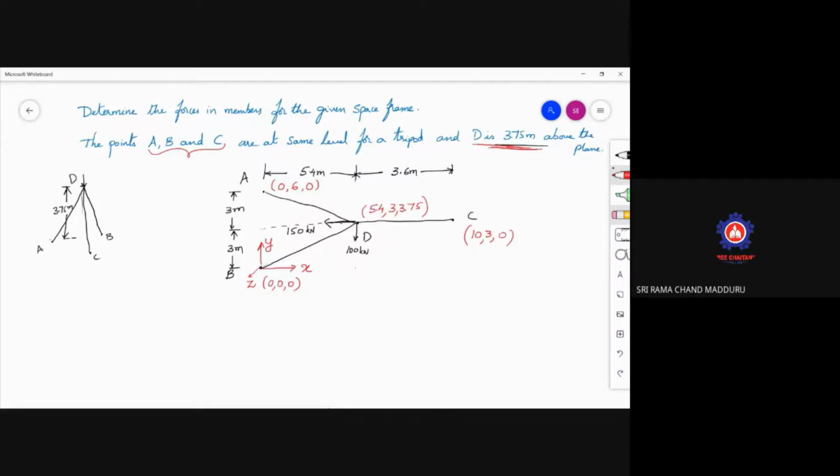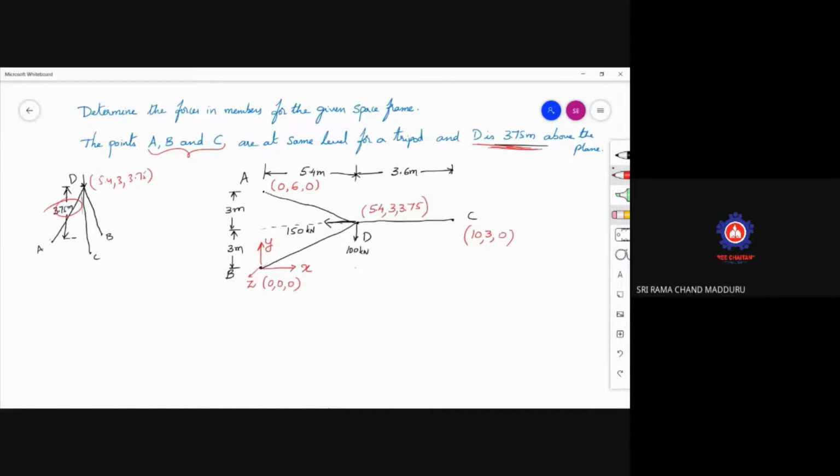Only D is at a vertical height. That's why this distance is 3.75. So this value is 5.4, comma 3, comma 3.75. So you have first assumed the positive directions of x, y, and z. Then the coordinates are given for the members. The second step is completed.